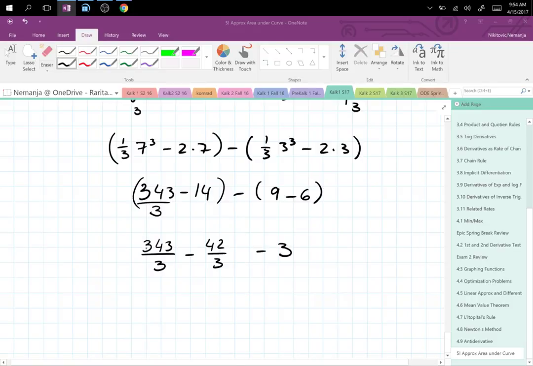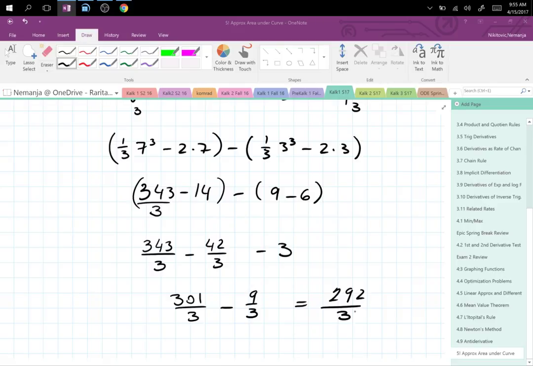So 343 minus 42, so that's 301 divided by 3, minus 9 over 3 to find the common denominator. And the exact answer is 292 over 3. Again, not divisible, right? Because the sum of digits is 13.